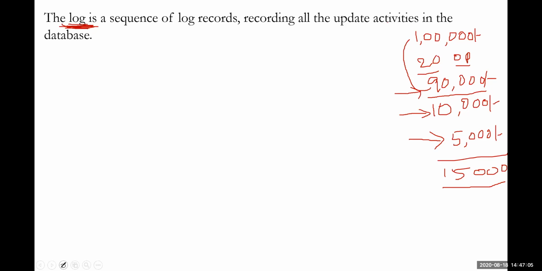So in databases, what are the different kinds of operations with the log? The log is a sequence of records, and these will always note down update activities.